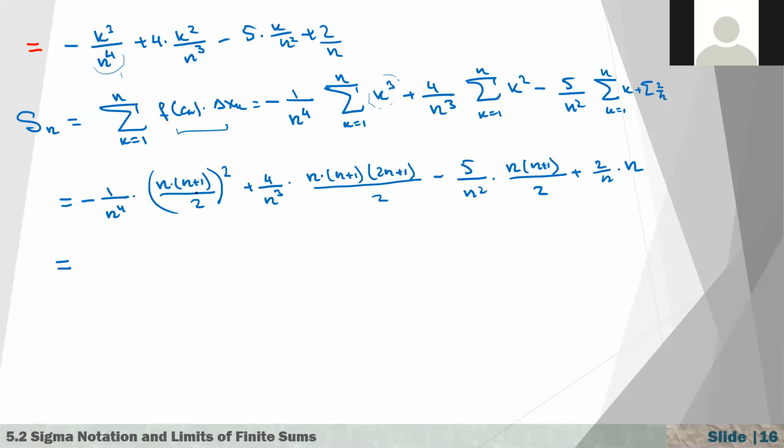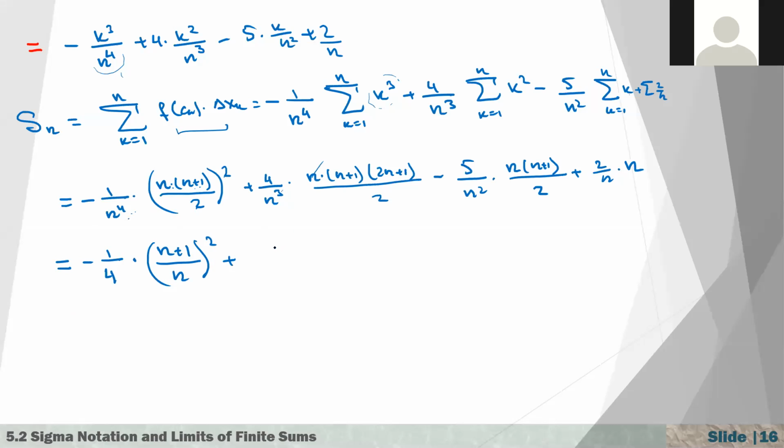Anyway, in this simple algebra, we have n squared, the first one, right? The n squared cancel each other. And the 2 squared is equal to 4. So I have here minus 1 over 4 times n plus 1 over n squared, because n squared is gone. Plus, next one, this n, they cancel each other.